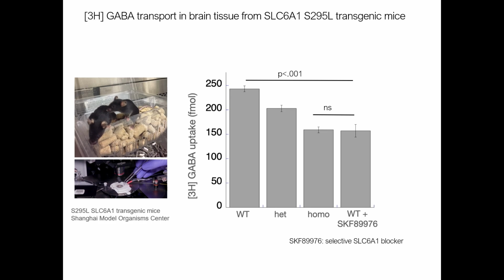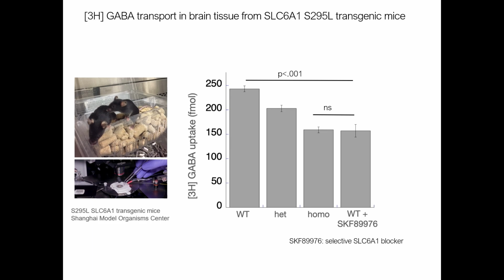And importantly, the last column is wild type brain tissue incubated with the SLC6A1 selective inhibitor, SKF, which blocks all of the SLC6A1 mediated GABA uptake. The uptake in the treated tissue is the same as the homozygous, and the heterozygous brain tissue has intermediate amounts of GABA uptake. This makes sense in terms of a gene dosage effect on loss of GABA uptake.